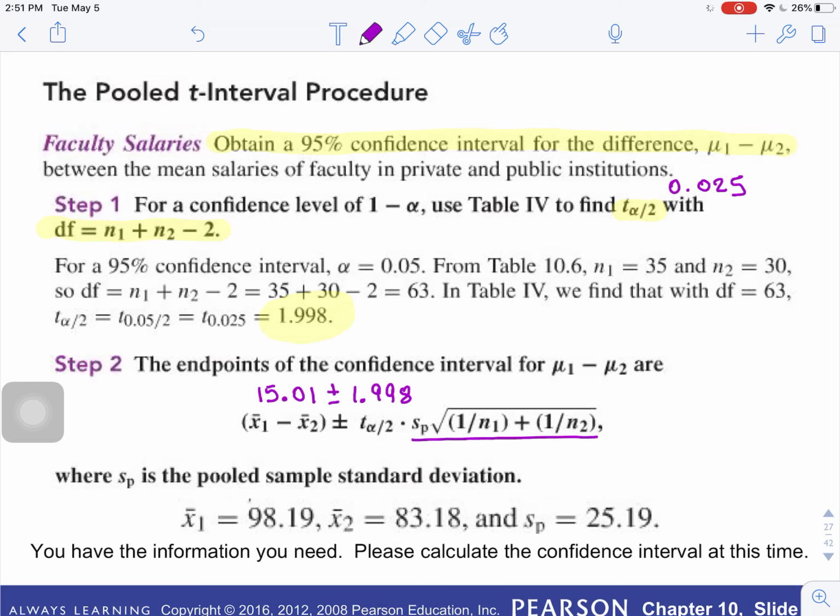So don't forget, if you go back to slide 23, we already know that that is going to be 6.27 because that was our denominator in calculating that test statistic. So you get 15.01 plus or minus 12.53. And when you subtract the difference, you get 2.49. When you add 12.53, you get 27.54.